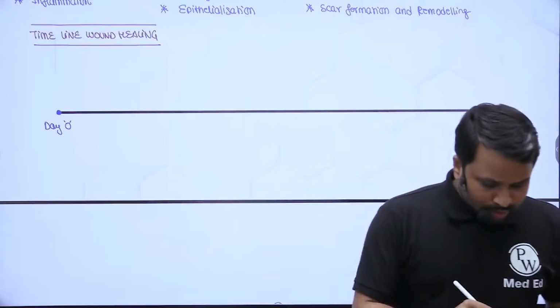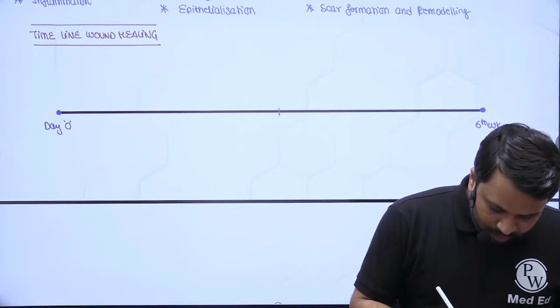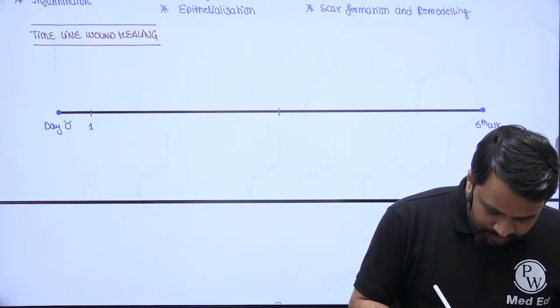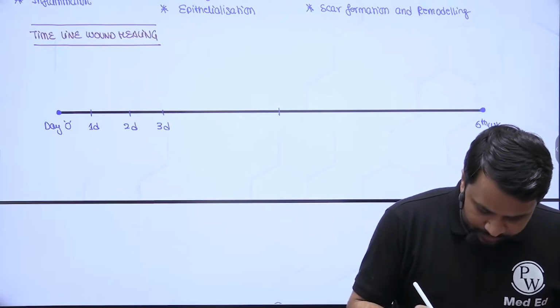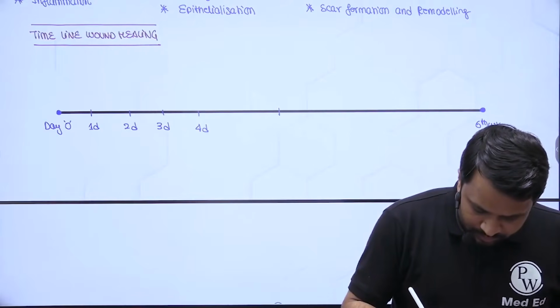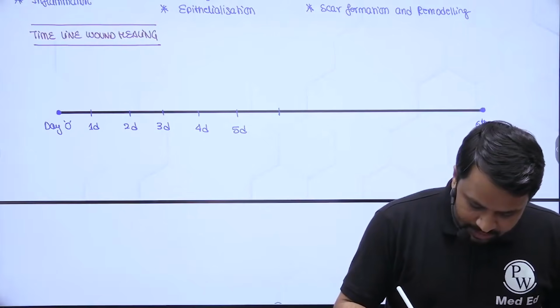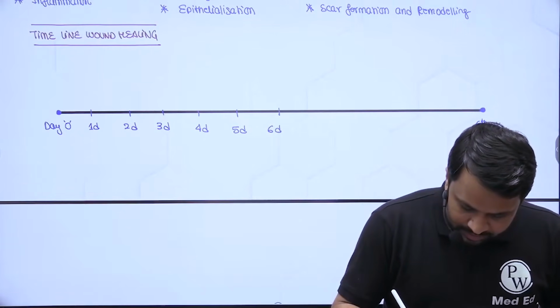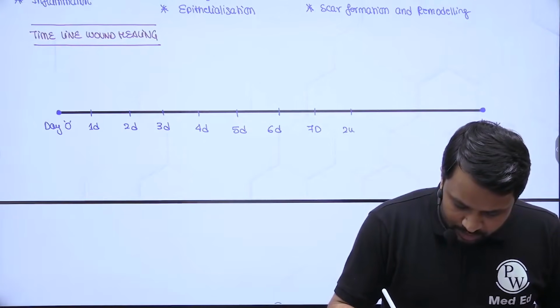Now what you're going to do is divide this entire wound component into day 1. That is the day 1. This is day 2. This is day 3. This is day 4. This is day 5. This is day 6. And let's say this is day 7. After that, this will be your 2nd week.